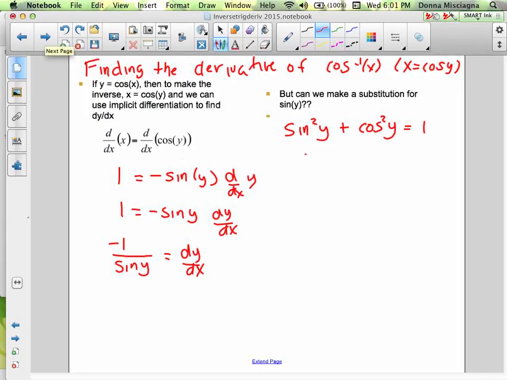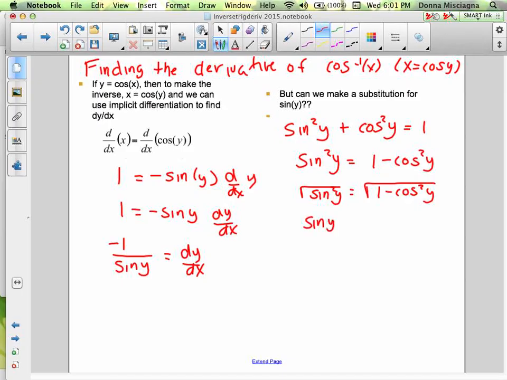So we have sine squared y equals 1 minus cosine squared y. And since we want sine, not sine squared y, we'll take the square root of both sides. All right, so that gives us sine y equals the square root of 1 minus cosine squared y.